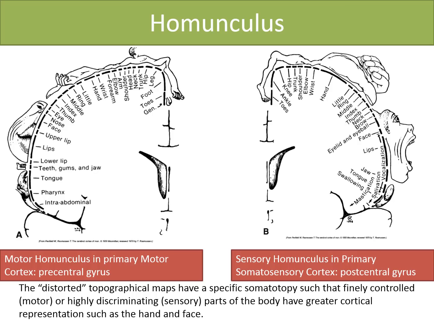The distribution of those functions for primary motor and primary somatosensory information is represented by these maps. Here you see a coronal section through one half of the brain, and you can recognize that the foot is represented on the interhemispheric fissure, the trunk on the vertex, the hand more laterally over the cortex, and the face and the tongue most laterally.